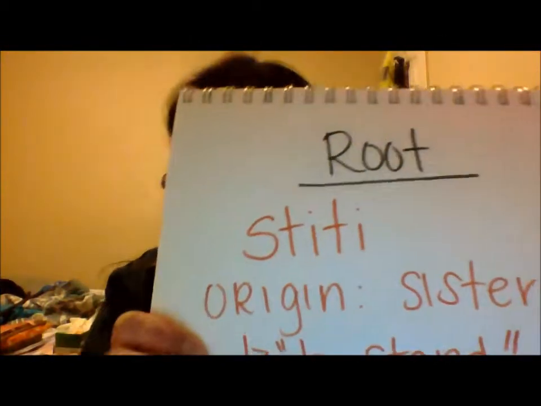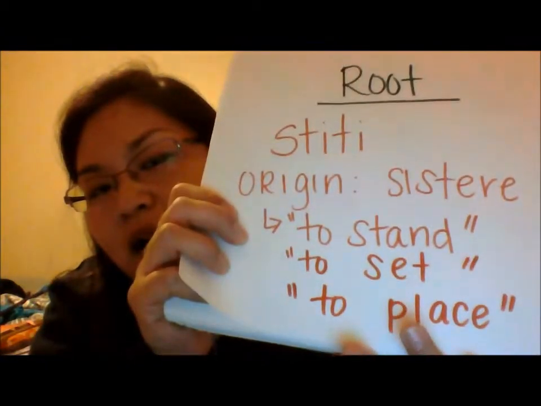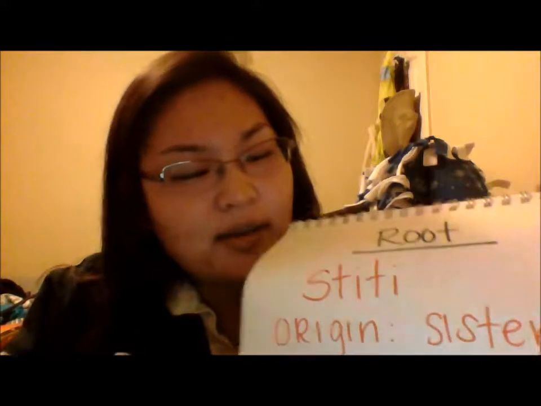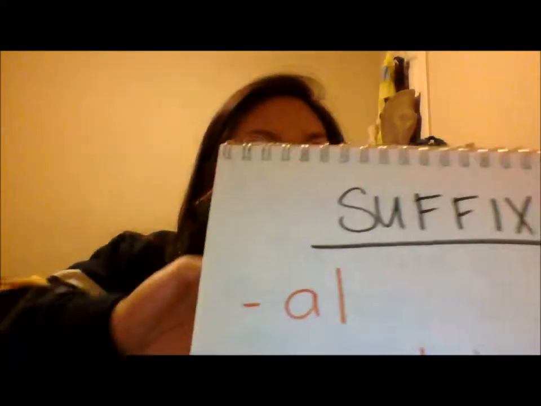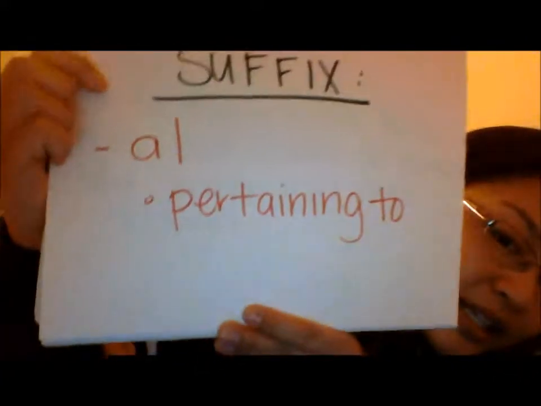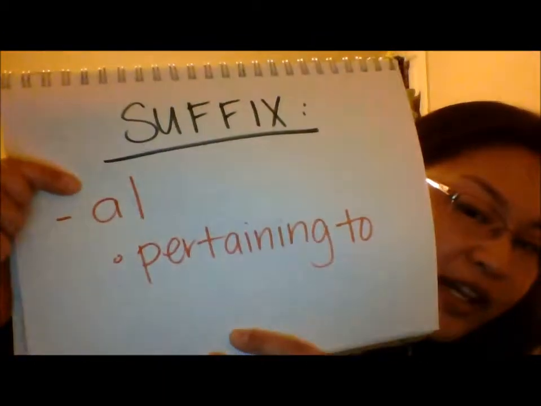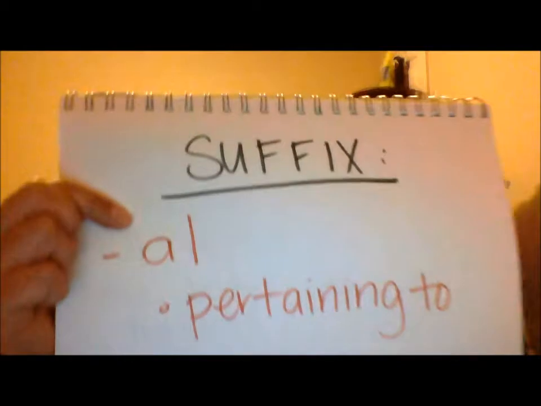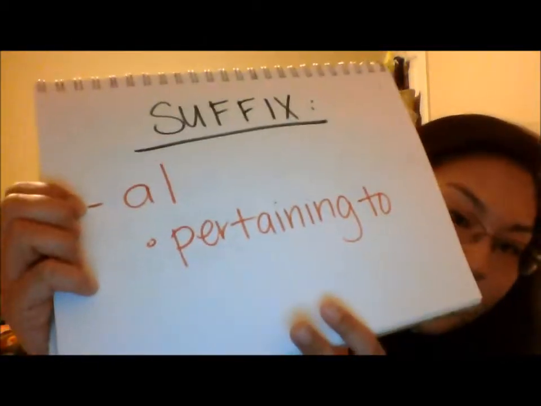So right now we have something that stands in between, but again, we're not quite sure what it stands in between yet. And then to make it an adjective, we have the suffix al, which means pertaining to. So we have something that pertains to something that stands in between.